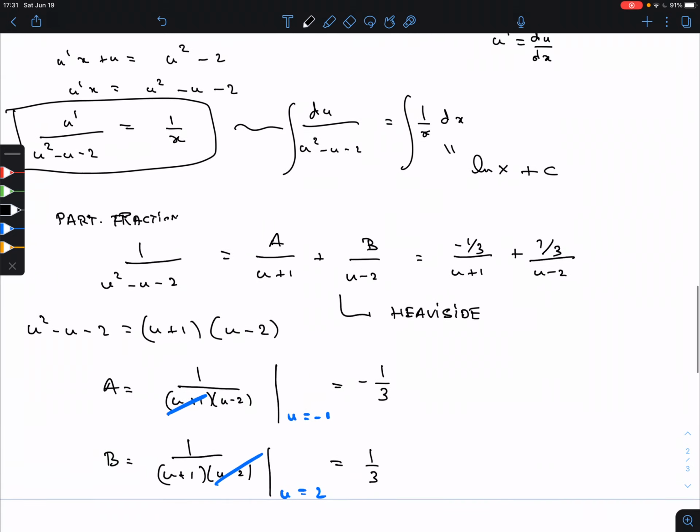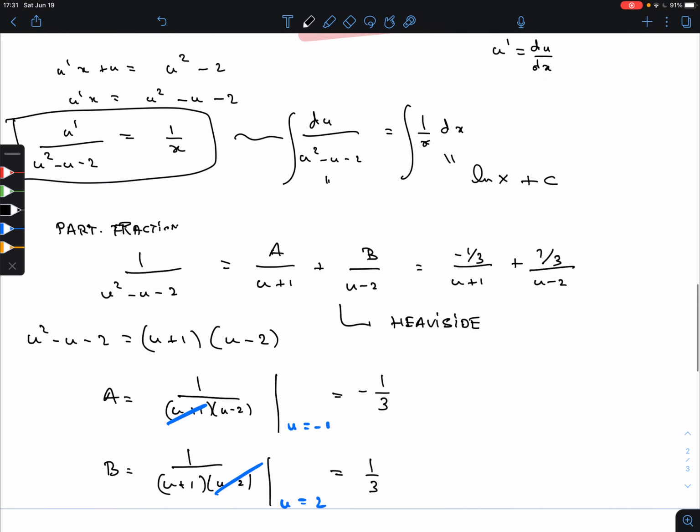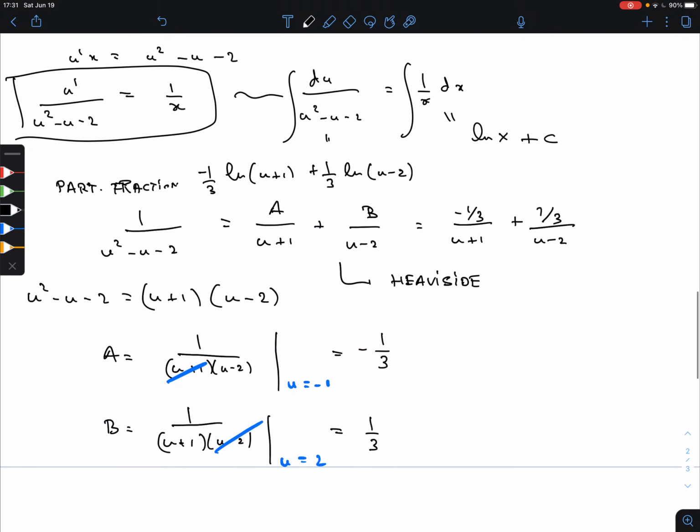If I antiderive this, this will be minus 1/3 ln of u plus 1 plus 1/3 ln of u minus 2. So these are two equal now. This is where we are.